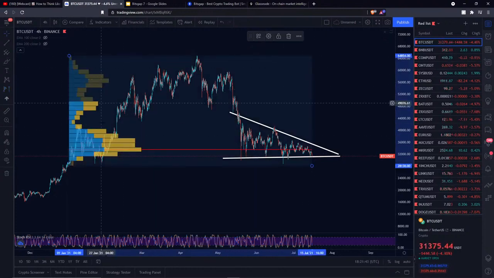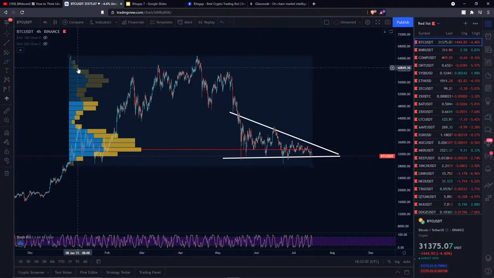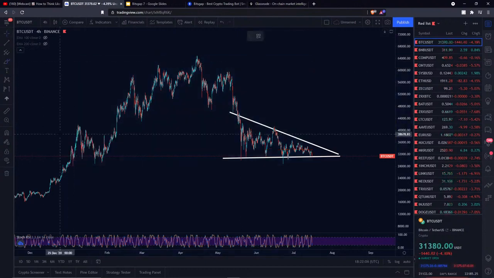As you can see, the most volume traded is exactly here, at the price range from 30k up to 40k. And notice that this volume exactly corresponds with the previous accumulation phase that we had at this stage here, and the one that we have here.